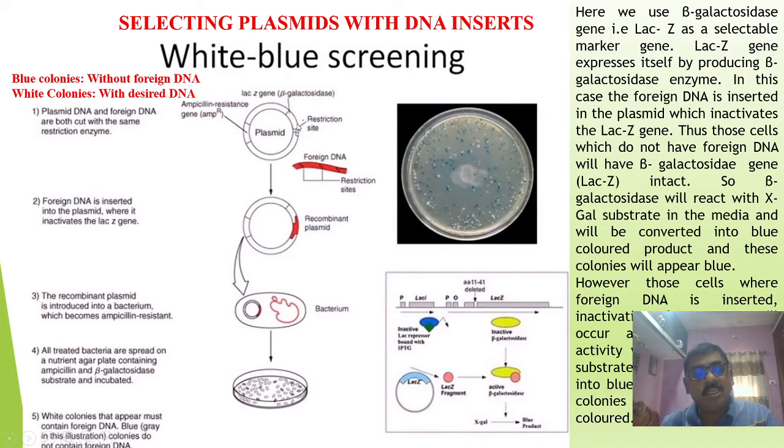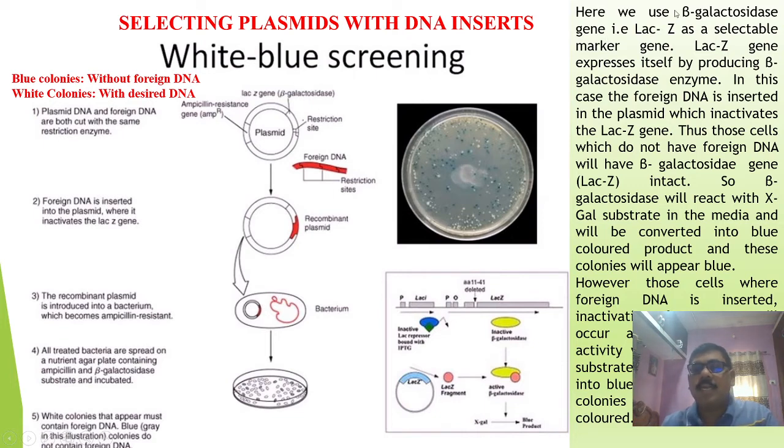That means you are inactivating the LAC-Z gene, the beta galactosidase gene, and in that place you are inserting your new gene that you have fragmented from the host cell. This is the foreign DNA, and this is the restriction site for foreign DNA, and we have inserted this foreign DNA and inactivated the beta galactosidase gene.